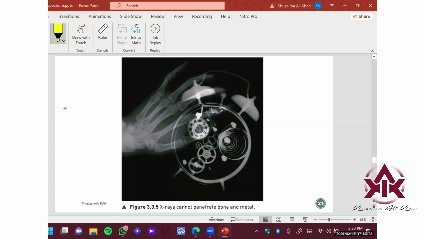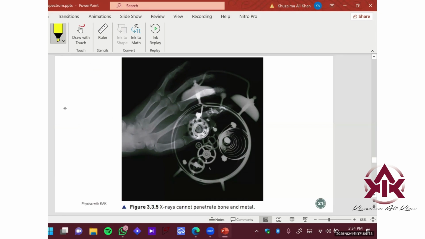And if you can see the picture here, you have an alarm clock and then you have a bone here, right? So what is happening here, if you can see, it's in the hand of a person, right? And the clock has different parts. It has plastics, some other materials and also metal, right? So metal can reflect the light.